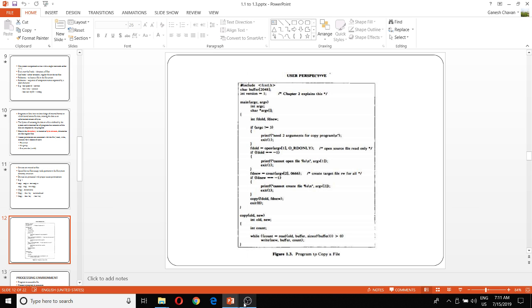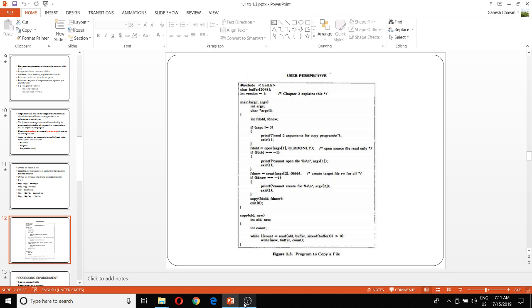A file descriptor is an entity that is returned by each of the system calls open and create, while the copy subroutine operates on the values in the file descriptors fd old and fd new.